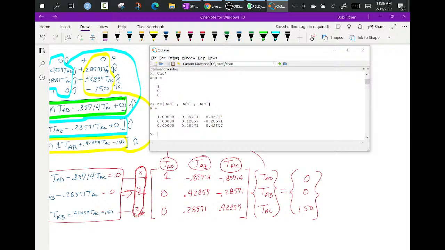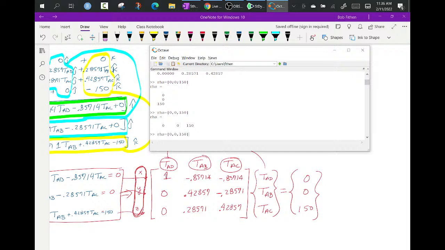So now all I have to do is do a right-hand side equals to 0. With the comma, it makes it a row vector.